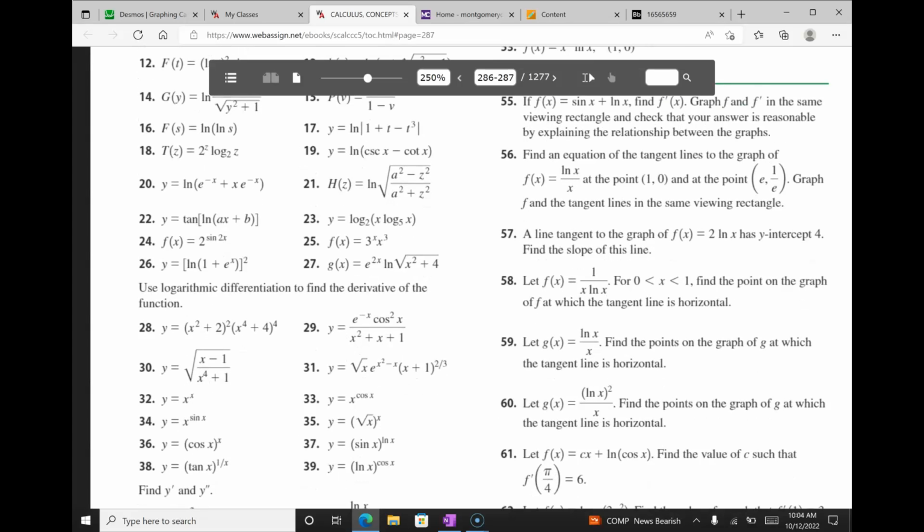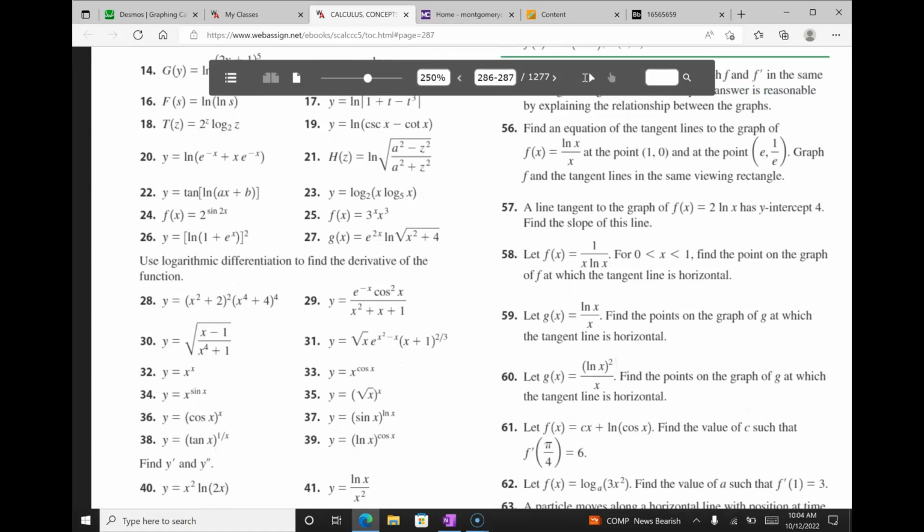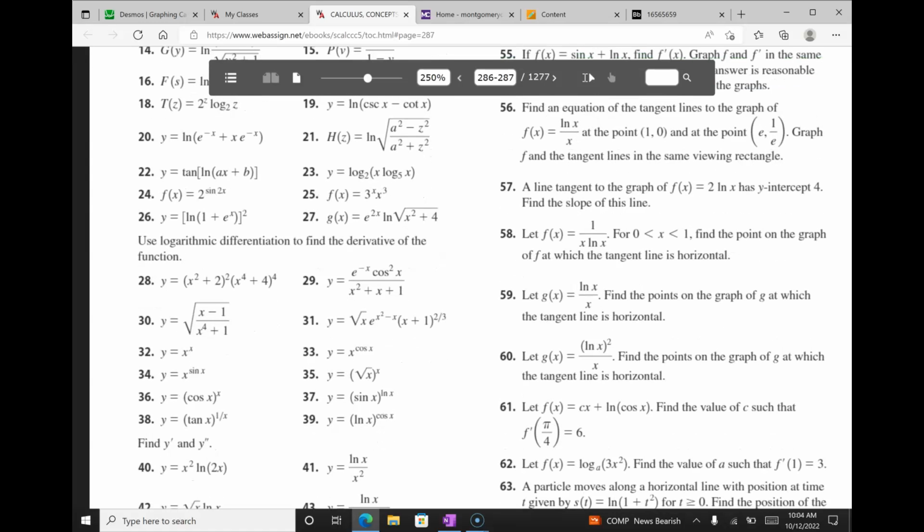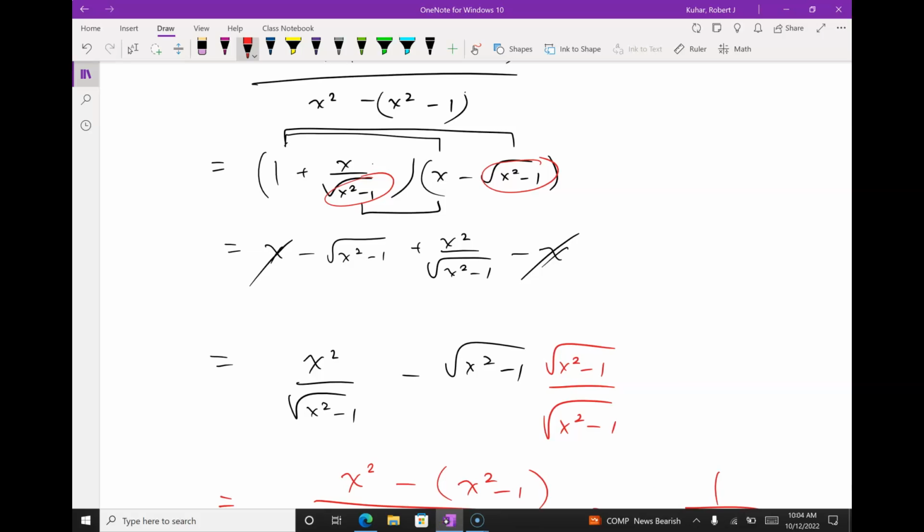Well, I might as well just do something like 38, okay? Because that involves the ln trick. So this is number 38.